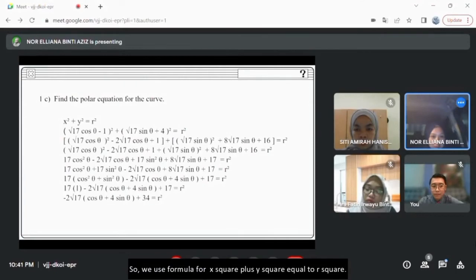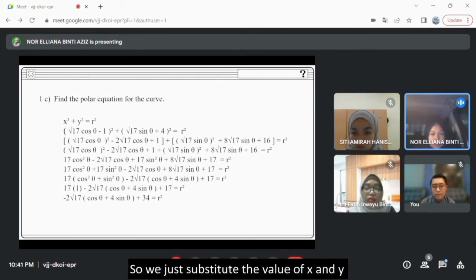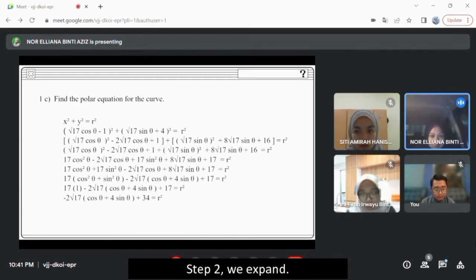Equation for the curve. We use the formula x squared plus y squared equals r squared. The equations for x and y were given in the question above, so we just substitute the values of x and y. We square both x and y. Step 2, we expand.